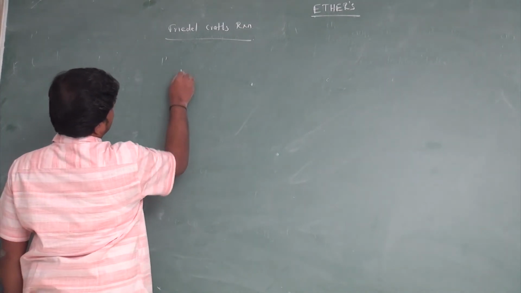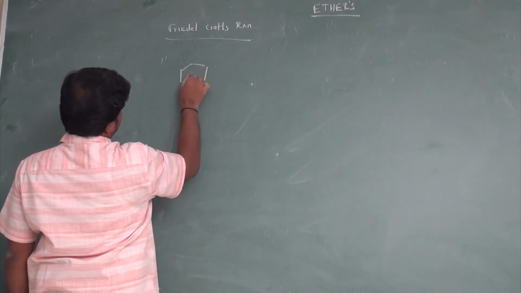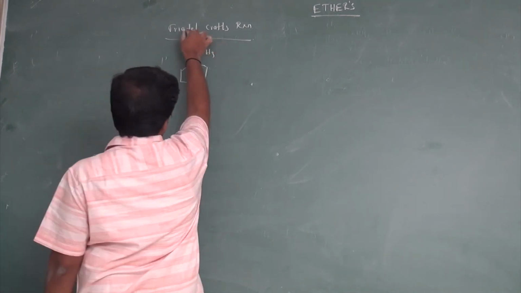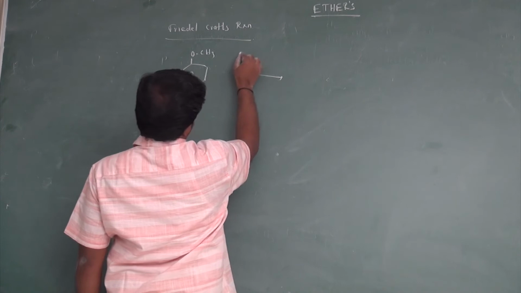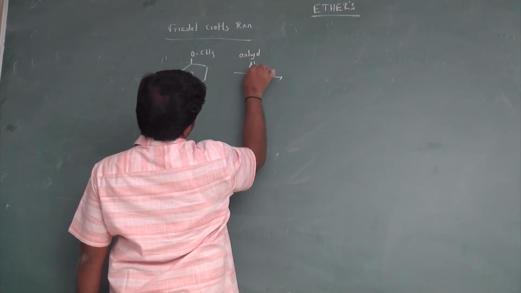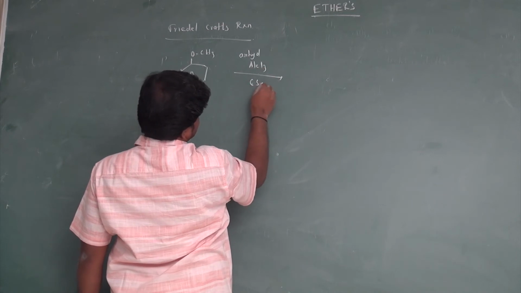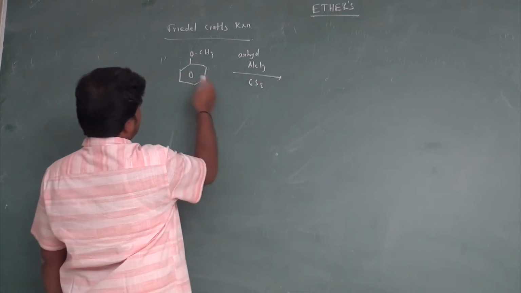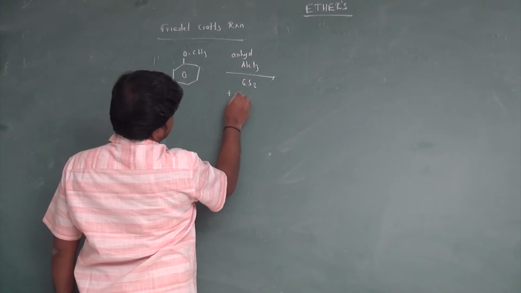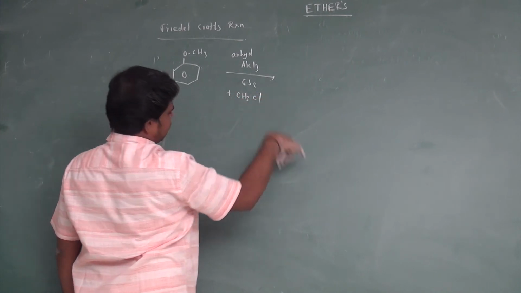Now we are taking anisole, C6H5OCH3. And for Friedel-Crafts, remember it is anhydrous AlCl3 in the presence of CS2. And it is alkylation. Alkylation means CH3Cl.